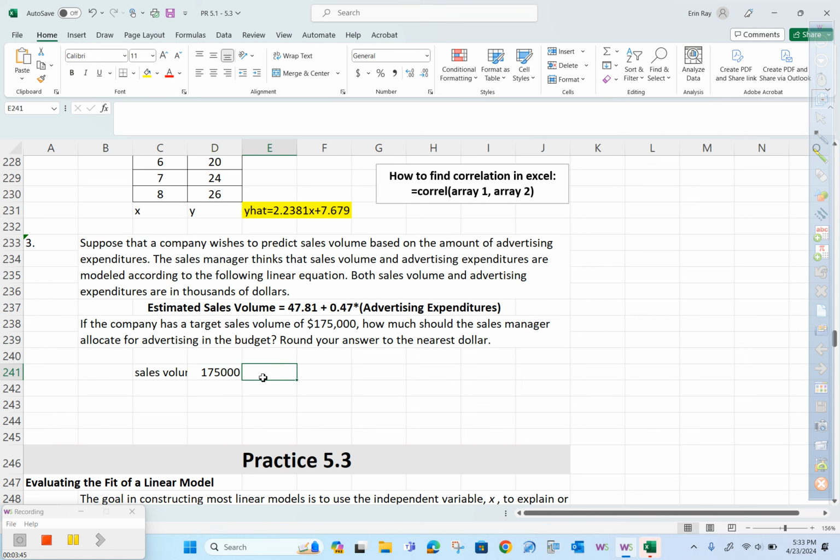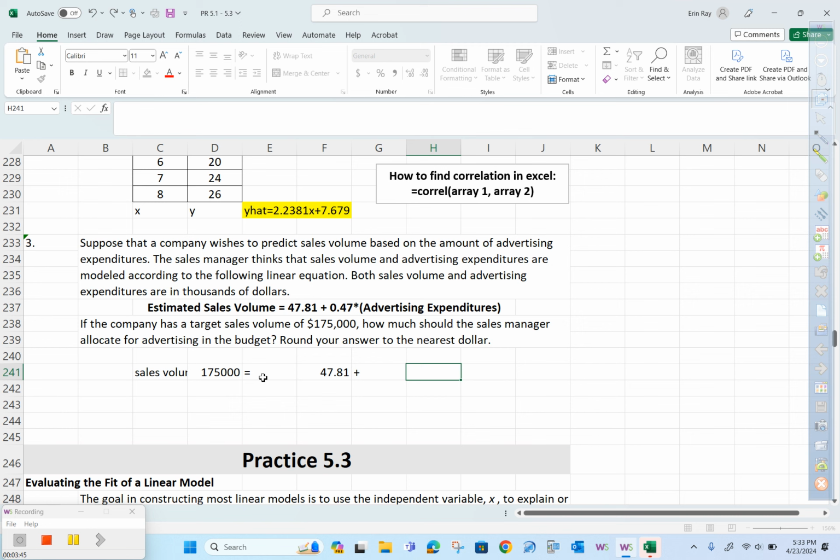So what I'm going to have you do is write down the equation in pieces here. So the first number, I'll just go ahead and put an equal sign. So do a little apostrophe, so it reads it as text, and then the equal sign. Then over in the next cell, we'll put that 47.81. Over in the next cell, we'll put a plus sign. Again, I like to use that little apostrophe so it reads it as text.